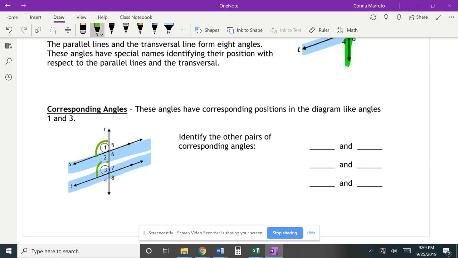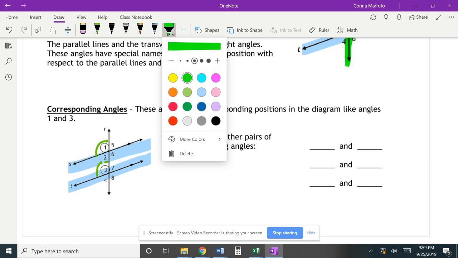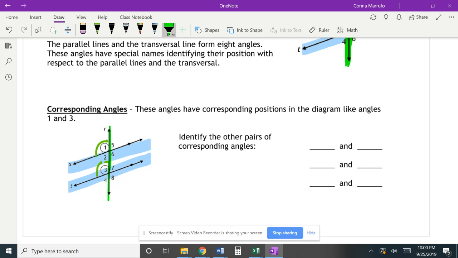They're both to the left of the transversal. Remember, this one is our transversal. And then they're both on top of the parallel line. So angle 1 is on top of parallel line S, and then angle 3 is on top of parallel line T.